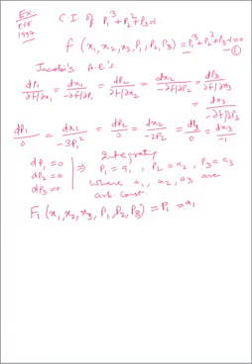So f2, which is a function of x1, x2, x3, p1, p3, is basically p2 and is equal to a2.